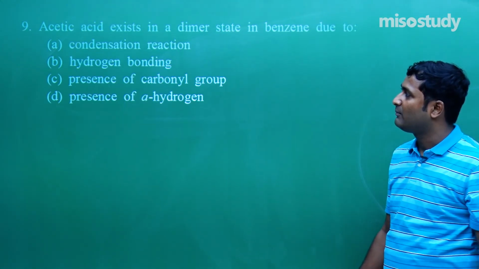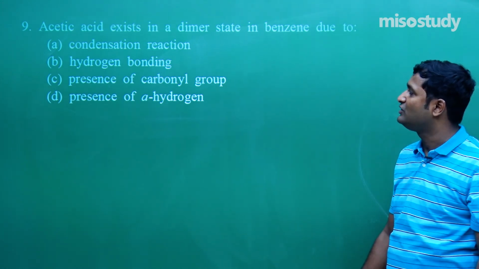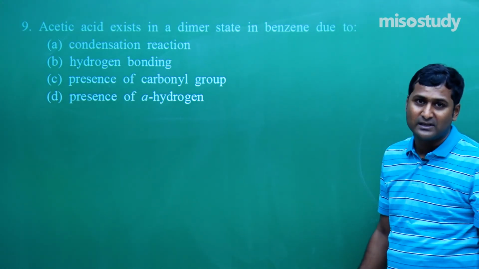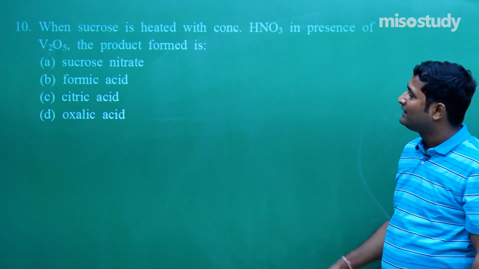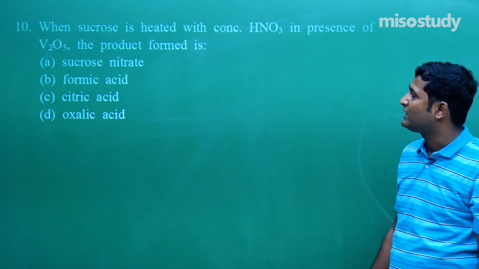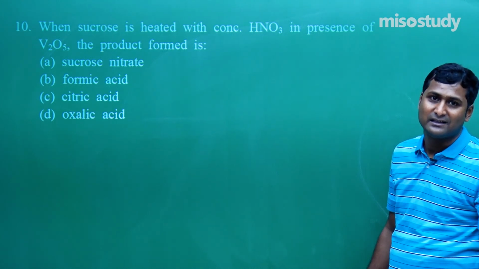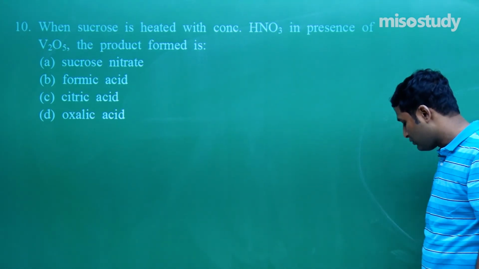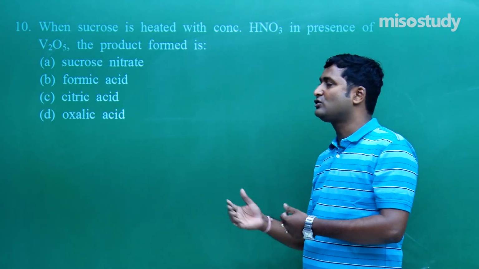Now let's move to question number 9. Acetic acid exists in a dimer state in benzene due to the presence of hydrogen bonding. Now question number 10, this is simple. When sucrose is heated with concentrated HNO3 in presence of V2O5, the product formed is oxalic acid, COOH. So I think now you can easily solve such kind of question, it is very easy to solve.